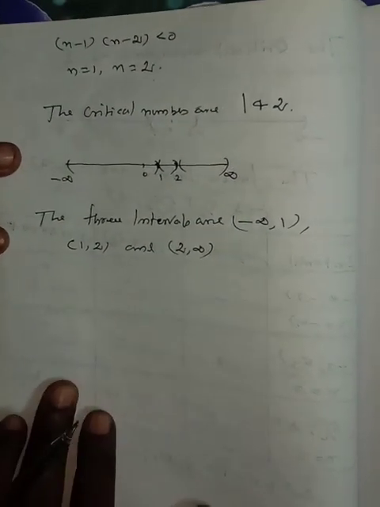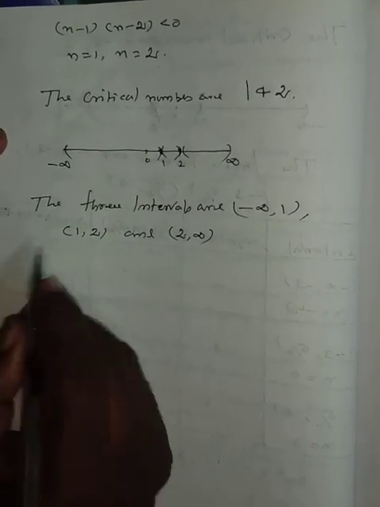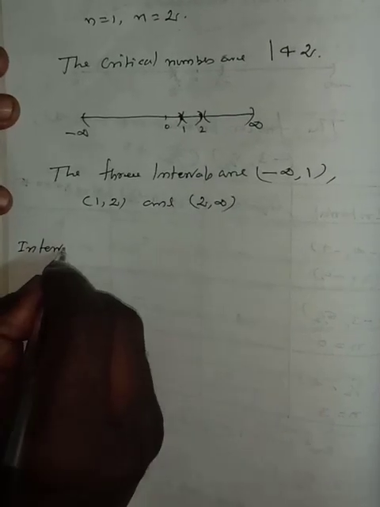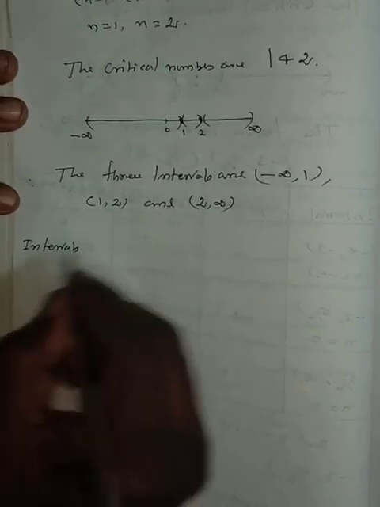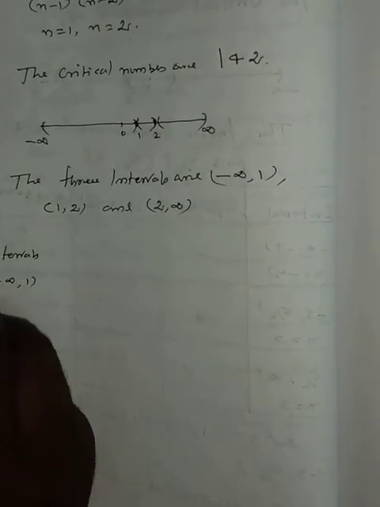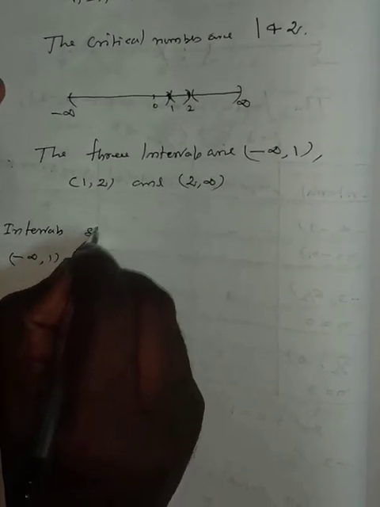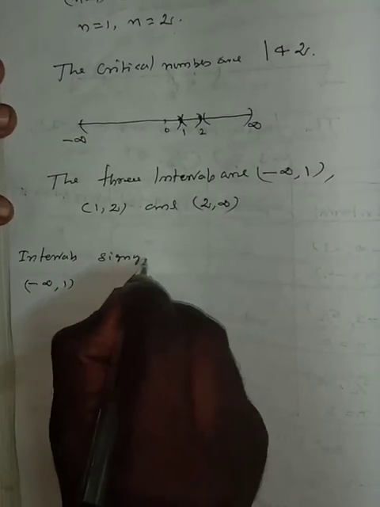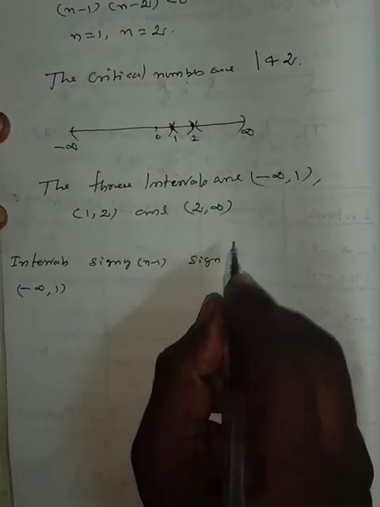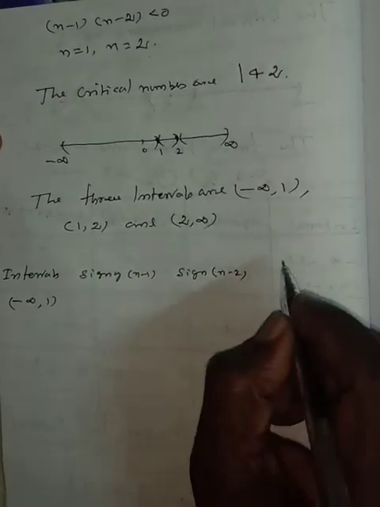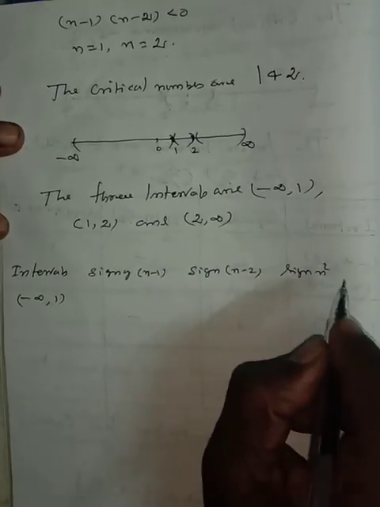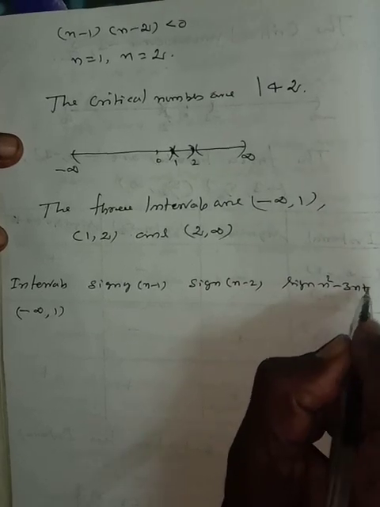There are 3 intervals. First, the sign of the factors. Interval number 1, minus infinity comma 1. Sign of x minus 1, sign of x minus 2, then sign of x square minus 3x plus 2.